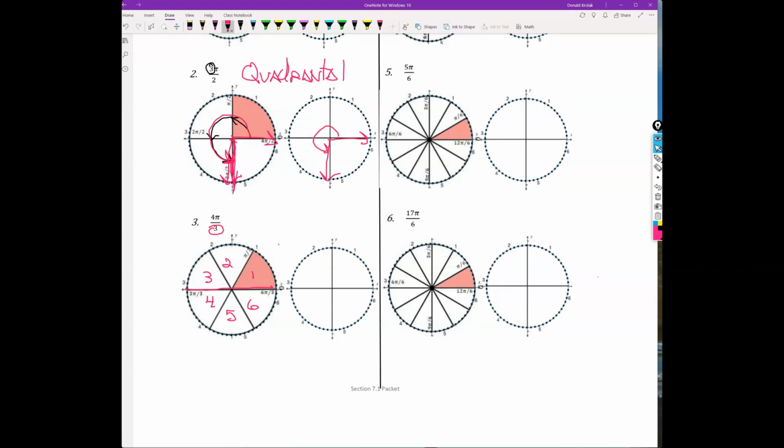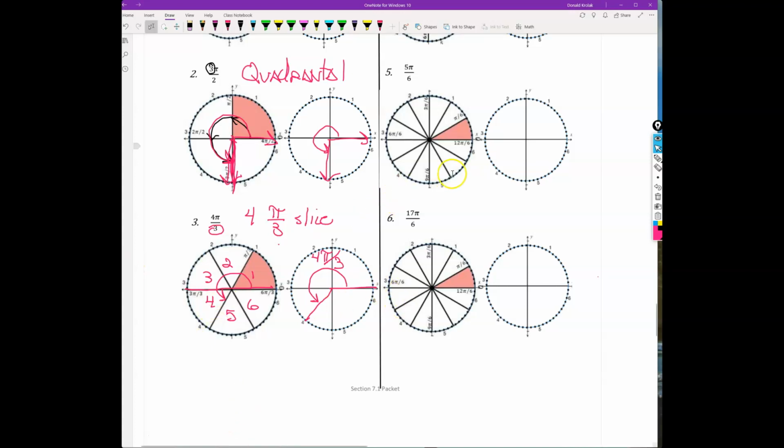So to draw that angle, I'm going to count 4 pi over 3 slices. Okay, so my angle would go 1 pi over 3, 2 pi over 3, 3 pi over 3, 4 pi over 3. And there's an angle that is approximately 4 pi over 3.